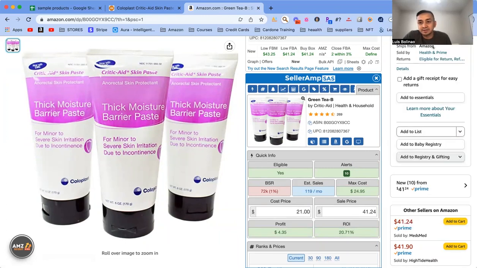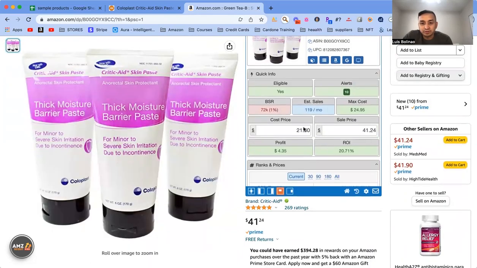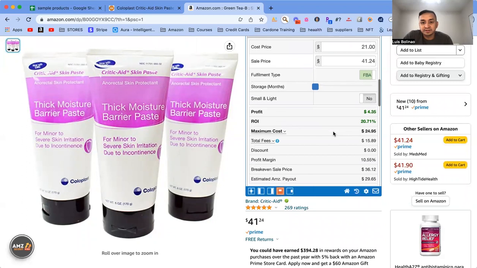And the selling price on Amazon is about $41.24. So this one gives us a 20% ROI, $4 profit, and then about 119 sales a month, right? And from here, I look at the other sellers.